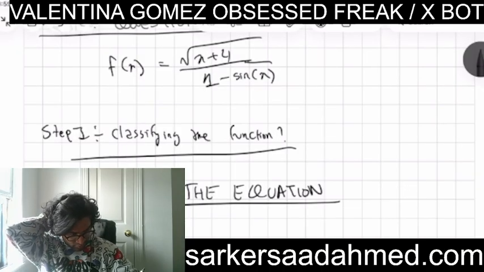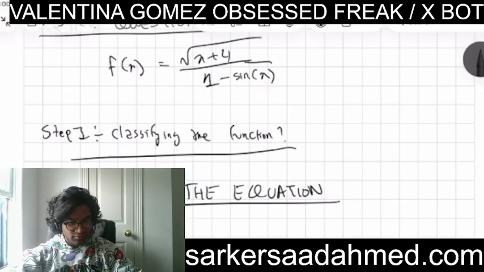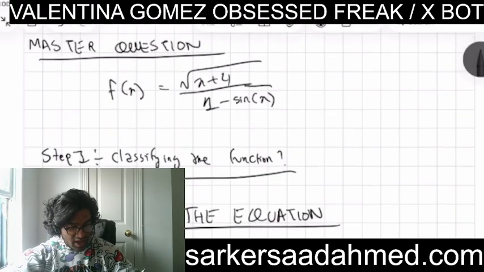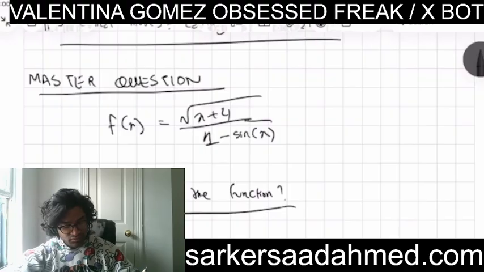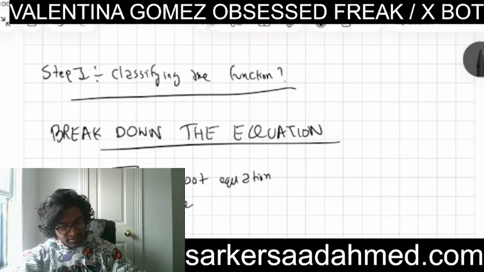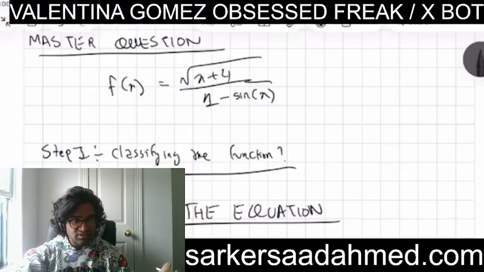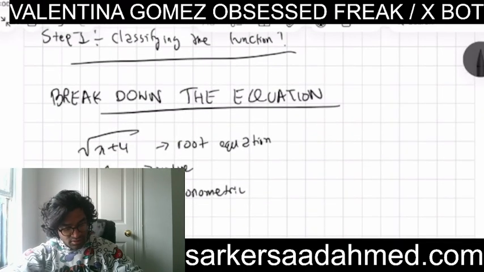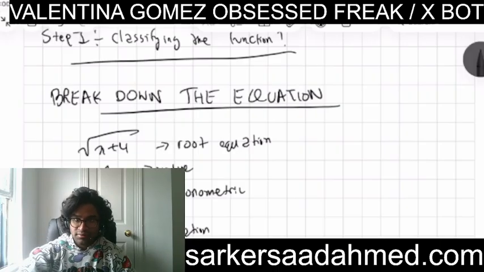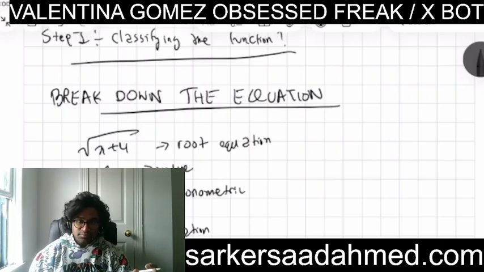So what do we have? We have root of x plus 4. So that is a root equation, right? We have 1, obviously that's a value. Sine x, we have a trigonometric. And the entire fraction, so it's rational, right? It's a fraction equation. Cool.